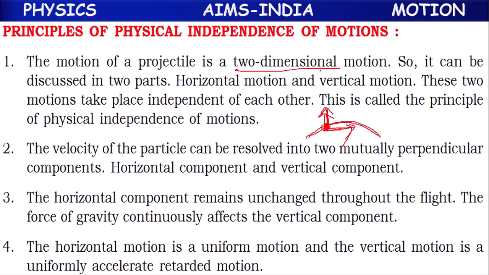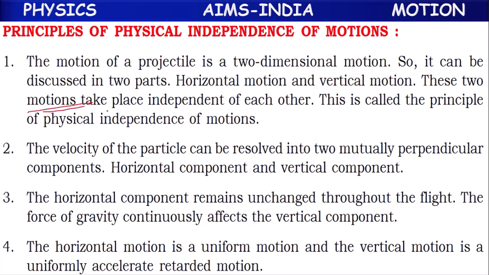So two-dimensional motion can be discussed in two parts: horizontal motion and vertical motion. At any point, it will have two parts.